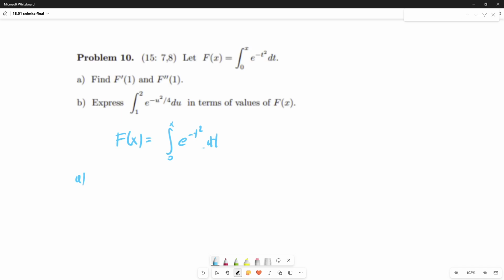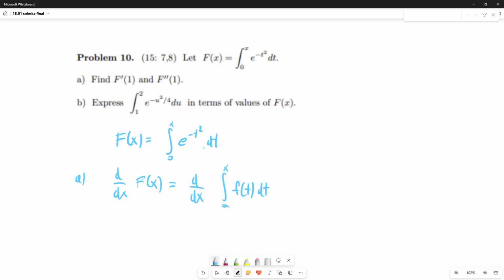We know that this theorem holds: if we differentiate by x this primitive function F of x, which is given as an integral from 0 to x of some f of t dt, where x is the parameter and 0 is a fixed constant, which can be any constant whatsoever.